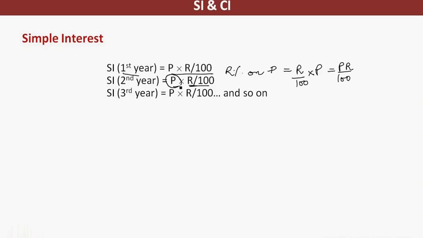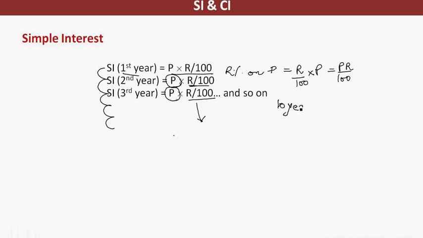Now for the second year also, the rate that I will be getting will always be on the initial principal that I've started with, which will not change over the due course of time. Third year also, the rate that I'm calculating is on the initial principal, and so on. So that means I need not calculate simple interest for every year separately. The simple interest for the first year will be equal to the simple interest for the second year, for the third year, fourth year, fifth year, and so on.